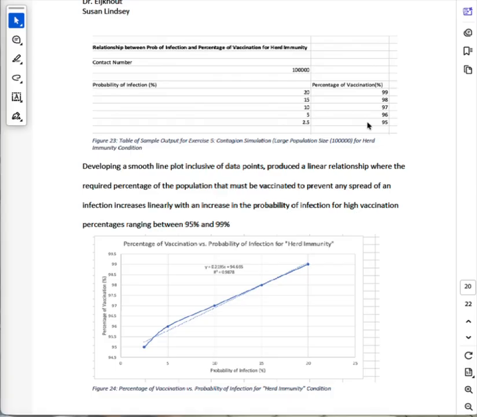So, to enable a simulation where members of the population never become infected under different infection probability rates shown in figure 23, the vaccination percentages would need to be very, very high, between 95% for a 2.5% infection rate to 99% for a 20% infection rate, making this scenario pretty unrealistic in practice under the prescribed methods of contact and population size.